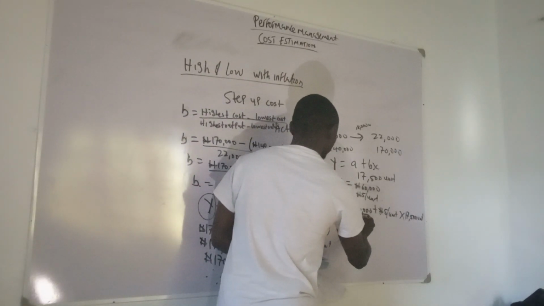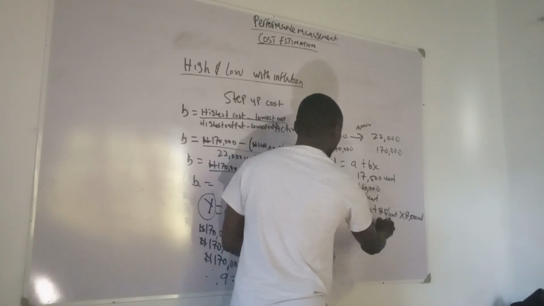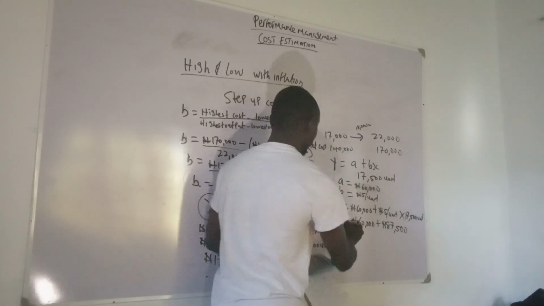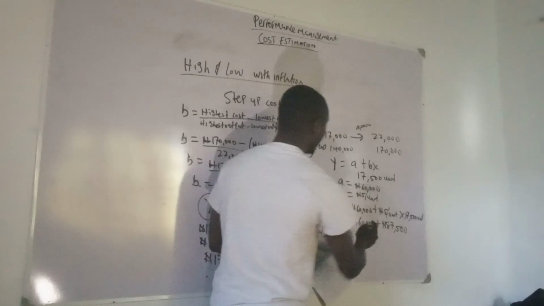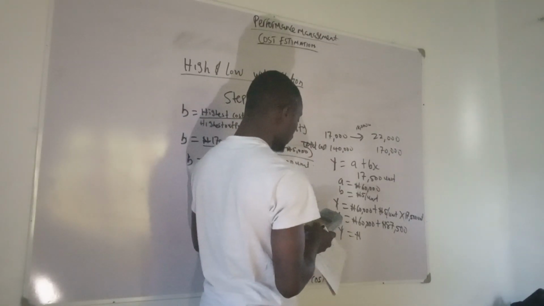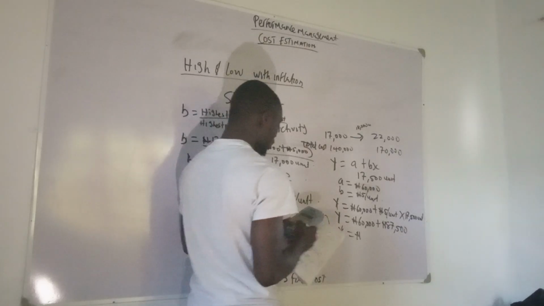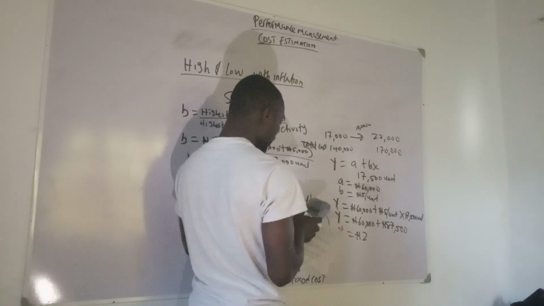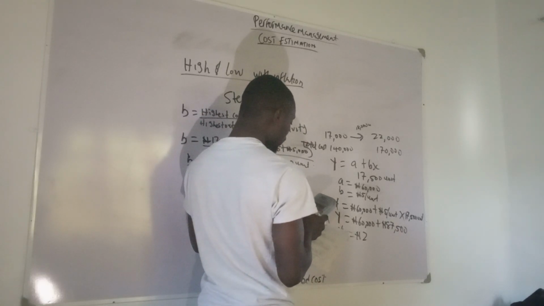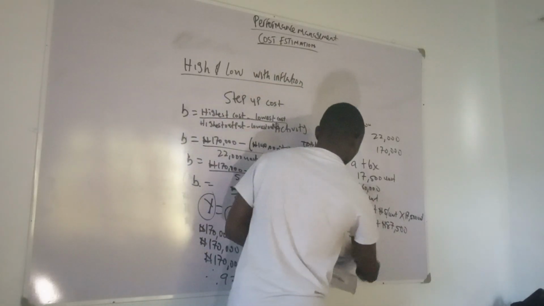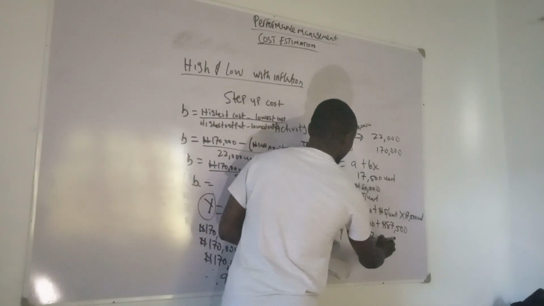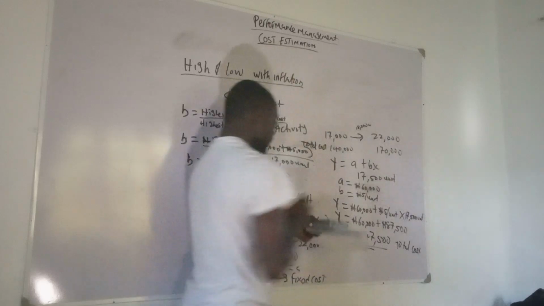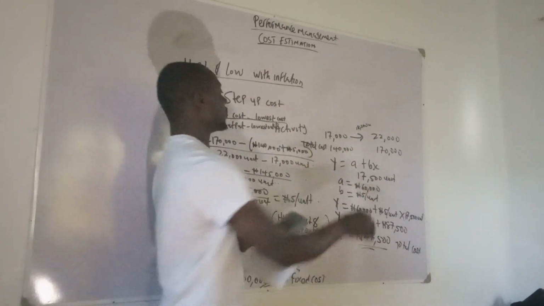Y equals 60,000 plus 87,500, which is 147,500. This is the total cost when the output is 17,500.